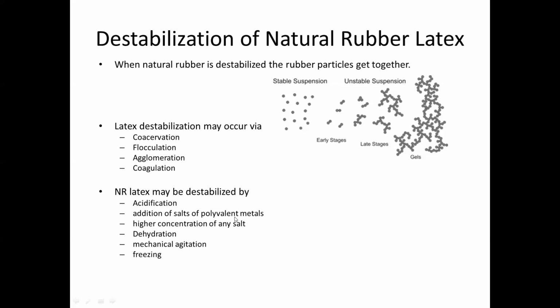Then if you have high concentration of any salt, again natural rubber is destabilized. Dehydration leads to destability, mechanical agitation leads to destability, and freezing will lead to destability.